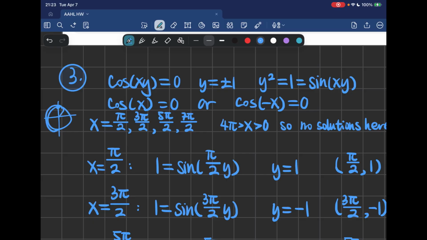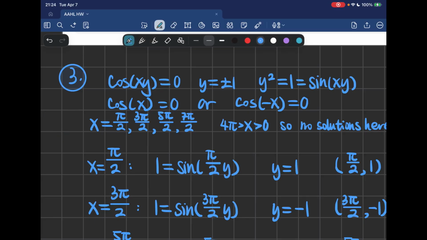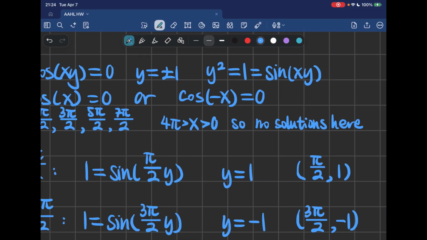You can go from here to here, that's 270 degrees, that's 3 pi over 2. And you can go back again to here, and that makes it 5 pi over 2, and then at last you have 7 pi over 2 without exceeding 4 pi. So that's the four x values here.